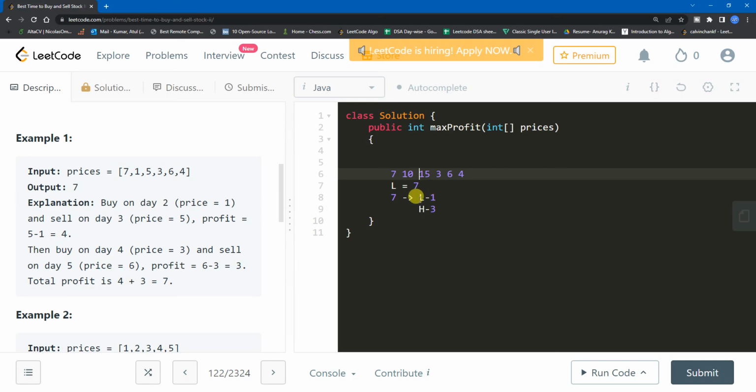Because at the present day you can only know the price of the next day. So we have only two options: that value is either lower than 7 or higher than 7.